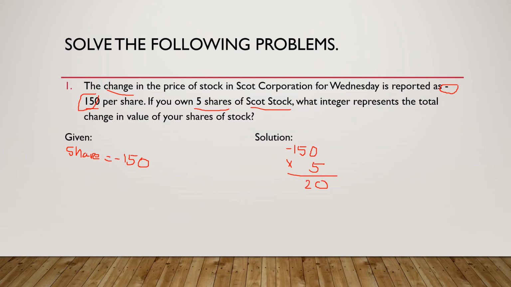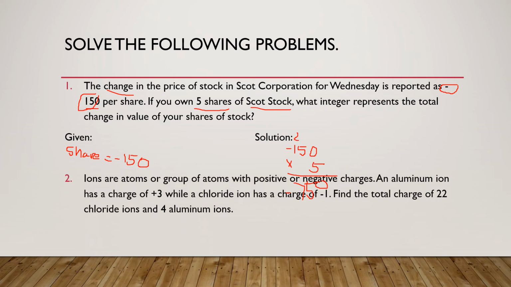So bring down 5. Carry 2. 5 times 1 is 5 plus 2, 7. So we have negative 750. So that means medyo bumaba yung stocks mo. So yan. Yun yung result niya. Okay, next.